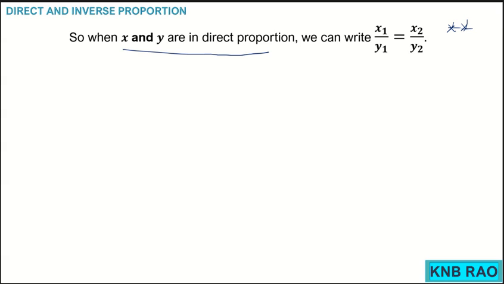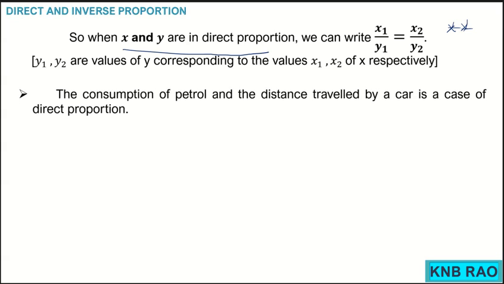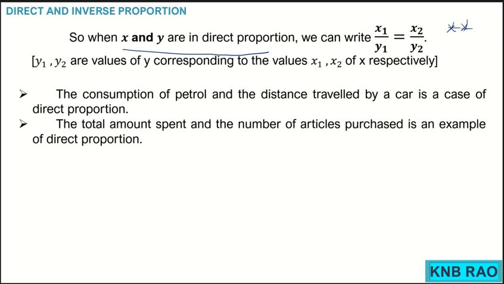When x and y are directly proportional, we can write x1 upon y1 is equal to x2 upon y2, where y1 and y2 are the values of y corresponding to the values x1 and x2 of x respectively. The consumption of petrol and the distance travelled by a car is a case of direct proportion. Another example is the total amount spent and the number of articles purchased.